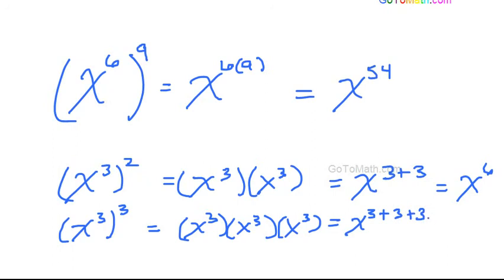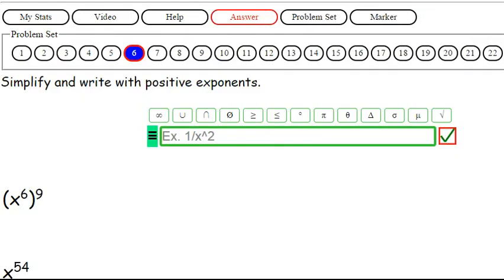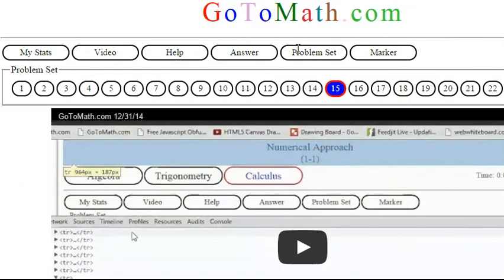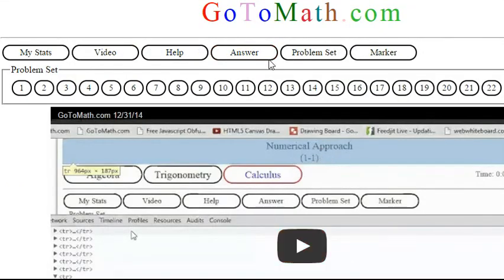We just added all those up, and so there's 3 of these, multiplied by 3 times 3, and we end up with x to the 9th, right? But I think it's a whole lot easier just to go, hey, x to the 9th, right? Okay, so we kind of went a little bit above what we're supposed to be doing here, so we said that was x to the 54, right? Yep, there it is. Alright, so we're over here at gotomath.com, getting it figured out. See you in the next problem.